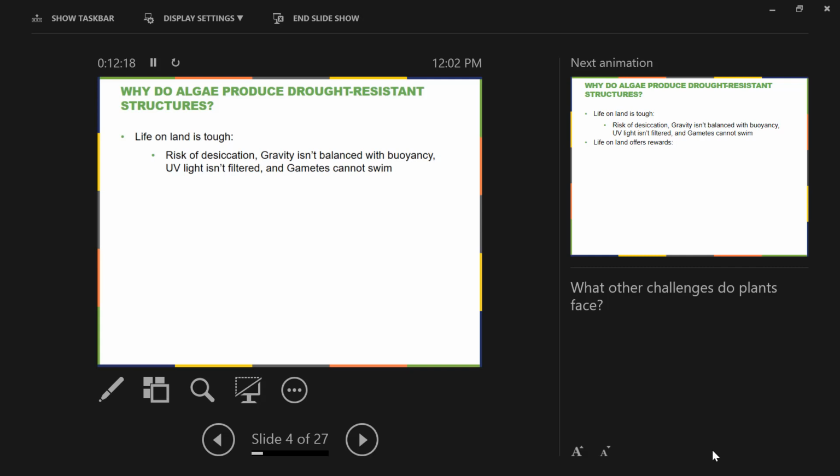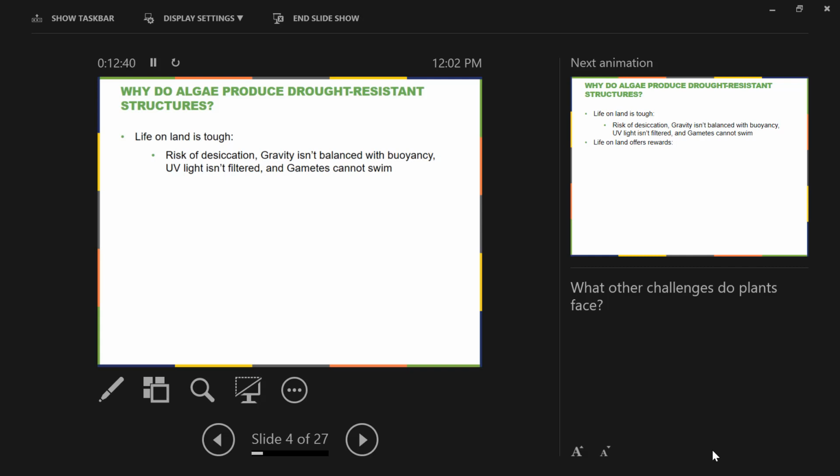All right. So here are some of the risks of living on land. You risk desiccation, and so that's a fancy way of saying drying out, right? You're not surrounded by water anymore. Gravity isn't balanced with buoyancy. So at the same time that gravity is pulling you down, you don't have water pushing you back up. You're like, well, then why is that challenging?